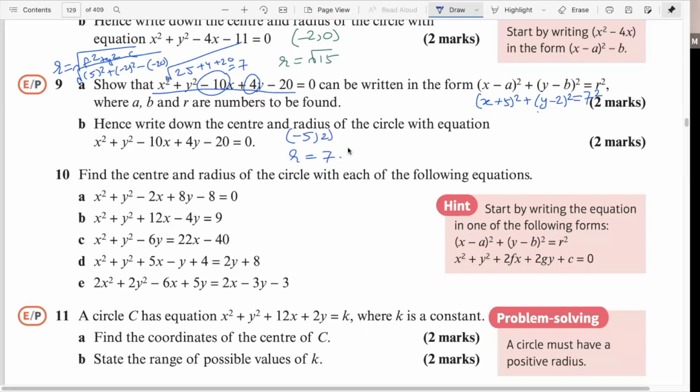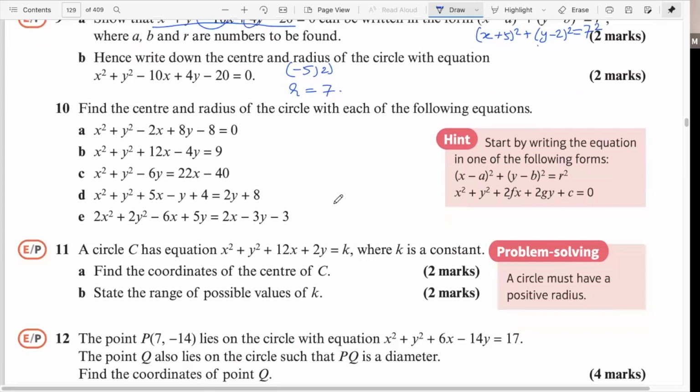It keeps on repeating itself. Only the words change a little, the expression of the question or the demand of the question. It is not more than this: you find the distance and divide by 2 to get r, or you find the midpoint to get the center of coordinates. This one says find the center and radius.